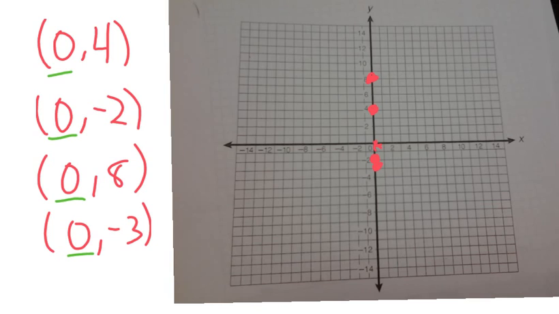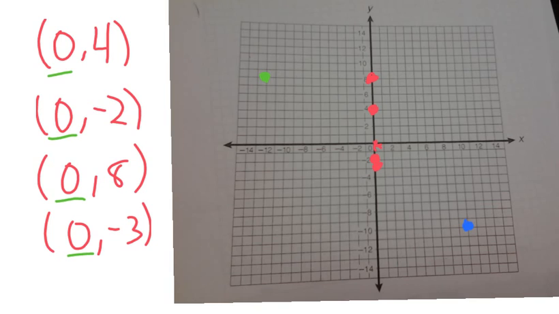So if I said to you, where is this point located? The green point. You would say, oh, that's in the second quadrant. And if I said to you, where is this blue point located? You would say, oh, that's in quadrant 4.